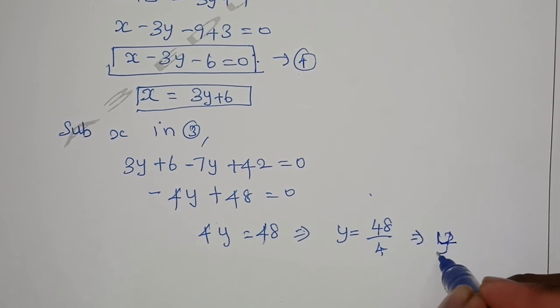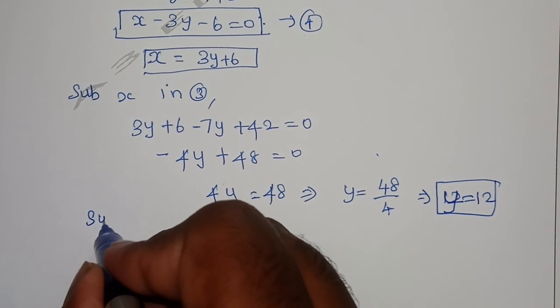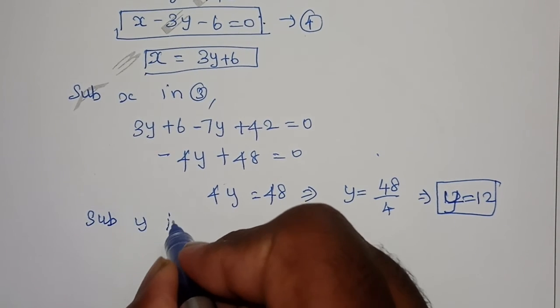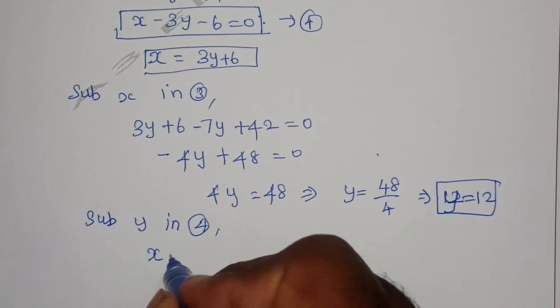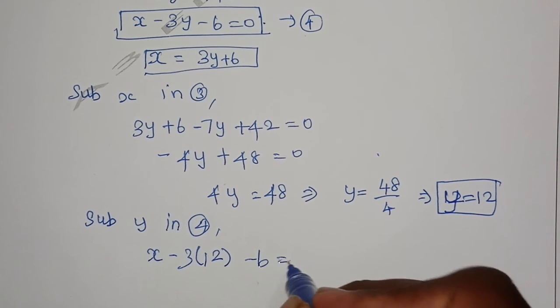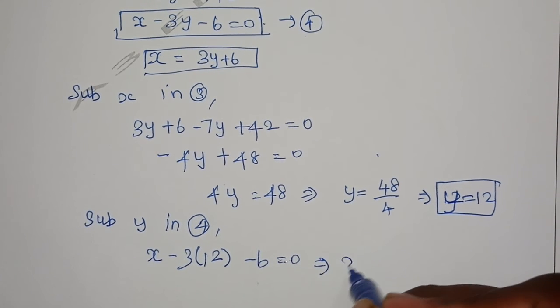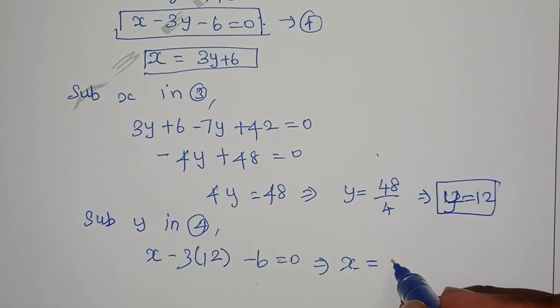Okay, therefore we write y equal to 12. Then substitute y in the fourth equation. We get x minus 3 into 12 minus 6 is equal to 0. Therefore, x is equal to 36 plus 6, 42.